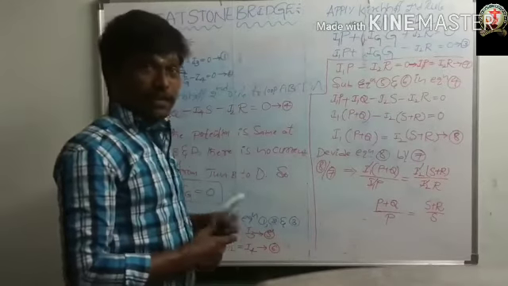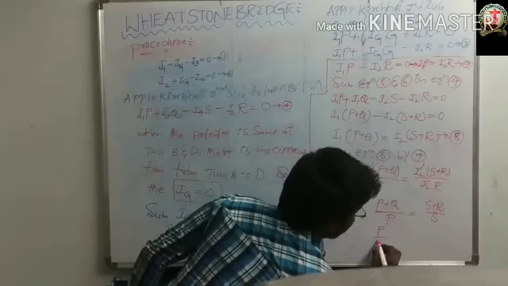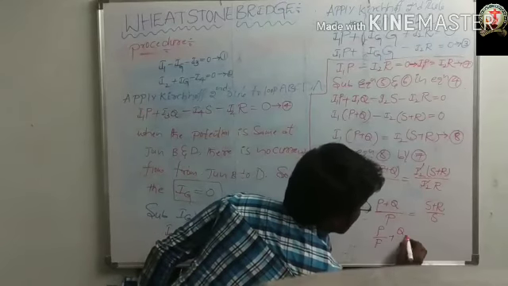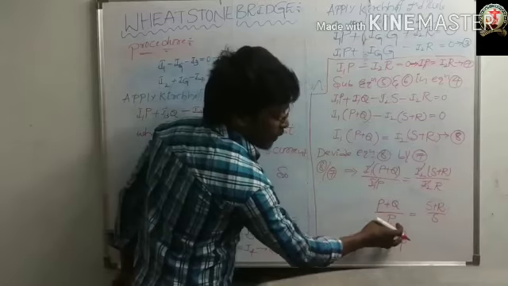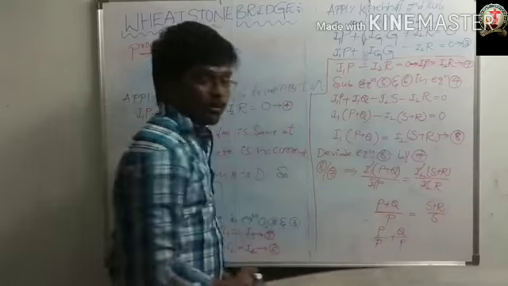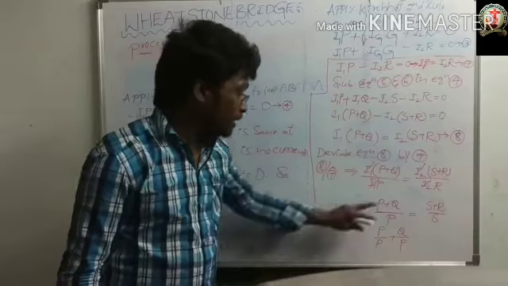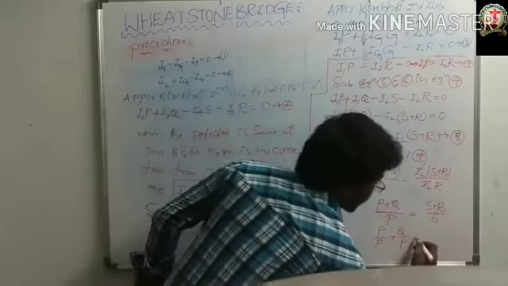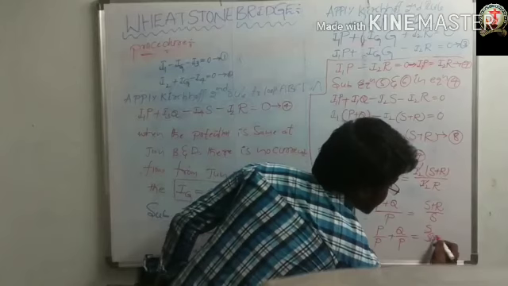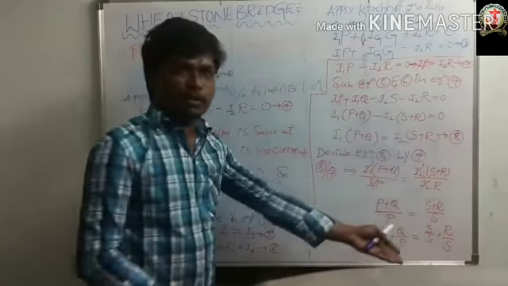Any possibility means, see here, P by P plus Q by P. Take LCM, P only. So I just wrote it as dividing terms. This side also, S by S plus R by S. Take LCM, S only. So no problem is there.